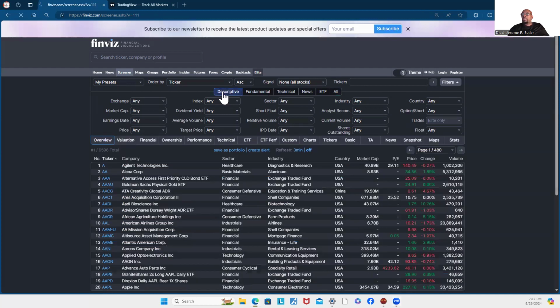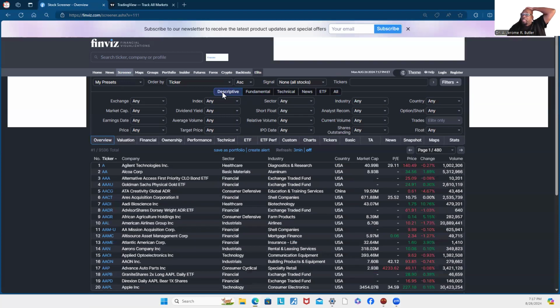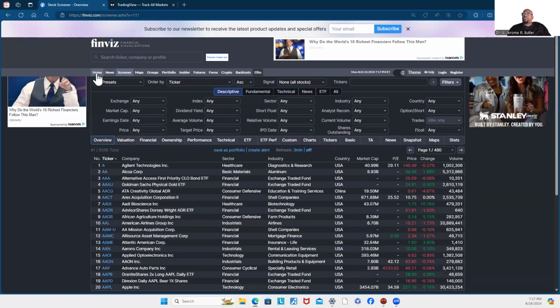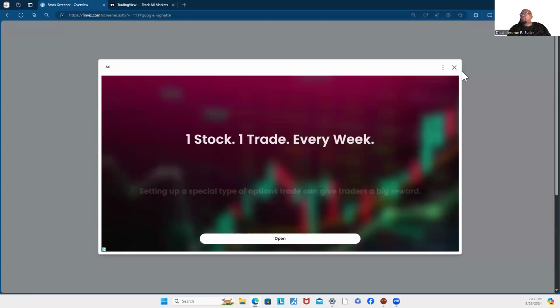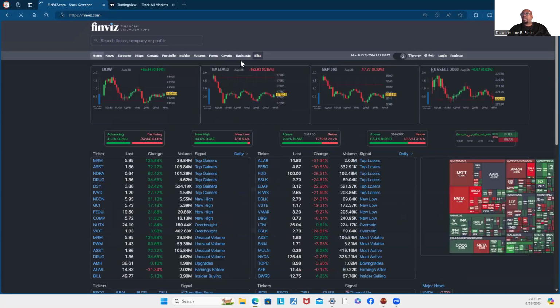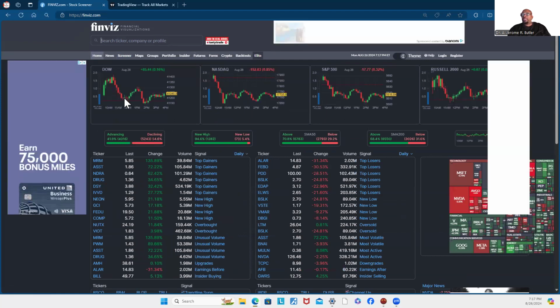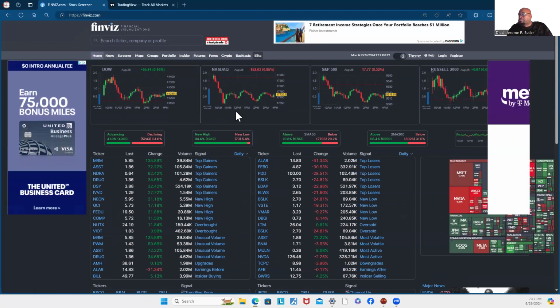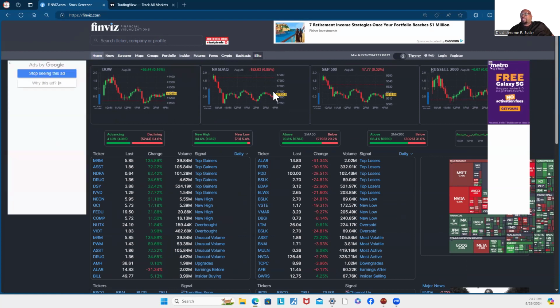On FinViz, I love it because it gives you a host of powerful tools. The only downside is that since the app is free, you're going to get inundated with commercials, tons of ads bombarding you until you buy their service.